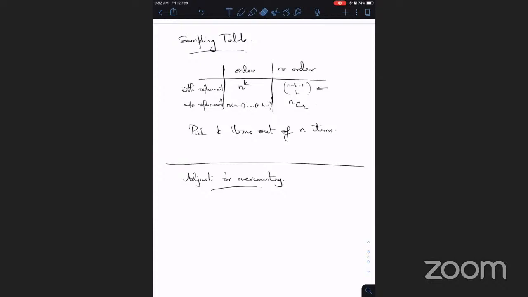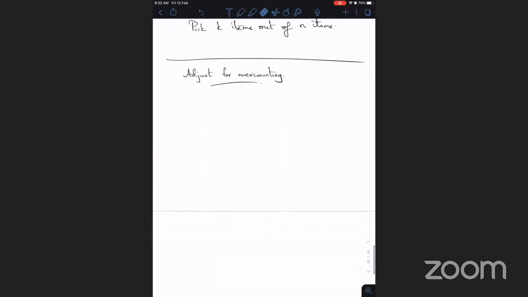So another problem where you need to adjust for overcounting is this. So say you have a group of 10 people, and you need to split this into a group of 6 and 4. Since we are talking about people, you know which person went into which group.